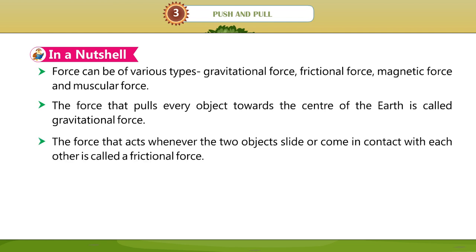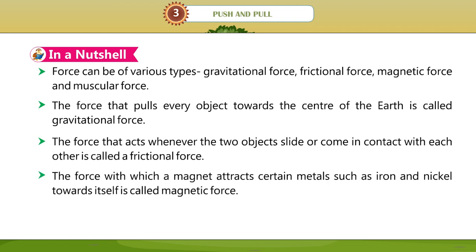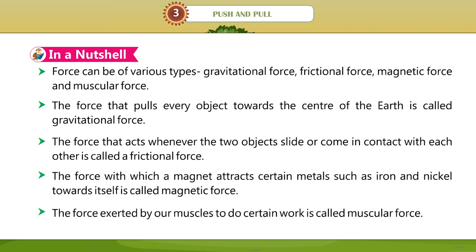The force that acts whenever the two objects slide or come in contact with each other is called a frictional force. The force with which a magnet attracts certain metals, such as iron and nickel, towards itself is called magnetic force. The force exerted by our muscles to do certain work is called muscular force.